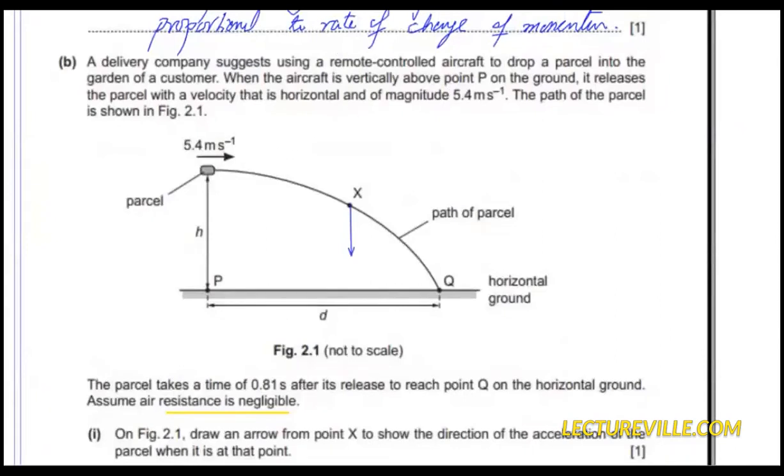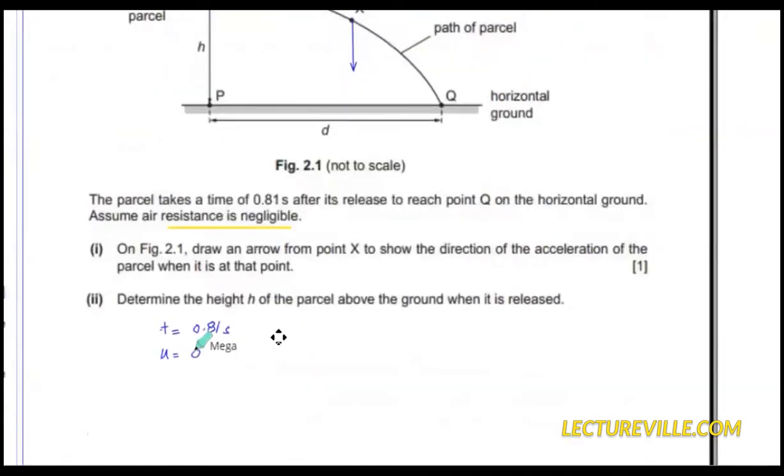Remember, this 5.4 meters per second is the horizontal velocity. When this object was released, it was not traveling any vertical distance at all. So its vertical velocity was 0, and it starts increasing at this point. So initial vertical velocity will be taken as 0. Acceleration for coming down is 9.8 meters per second squared.